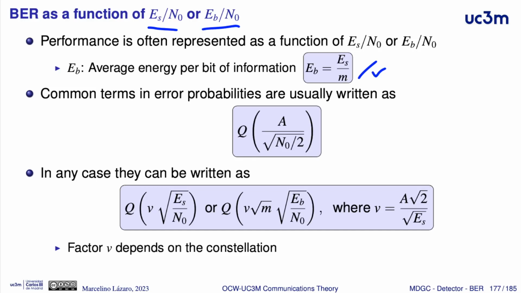If we have the expressions written as a function of the ratio ES divided by N0, we only need to include an additional factor, a square root of the number of bits per symbol, in the expressions to get the plot as a function of energy per bit divided by N0. It's relatively simple to move from ES to EB.